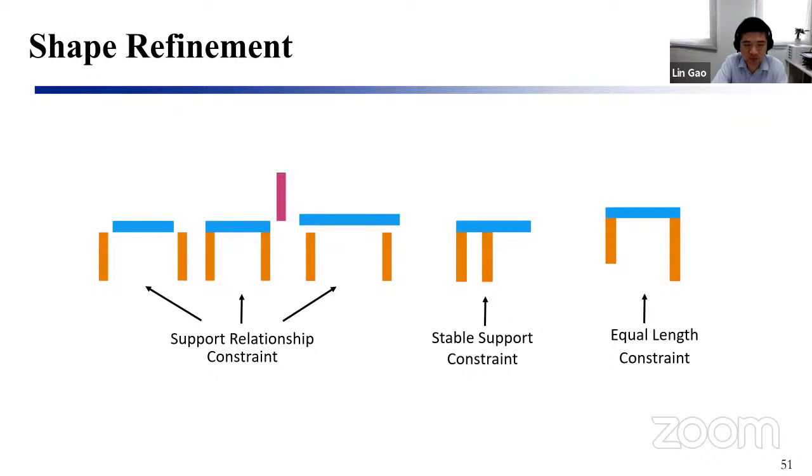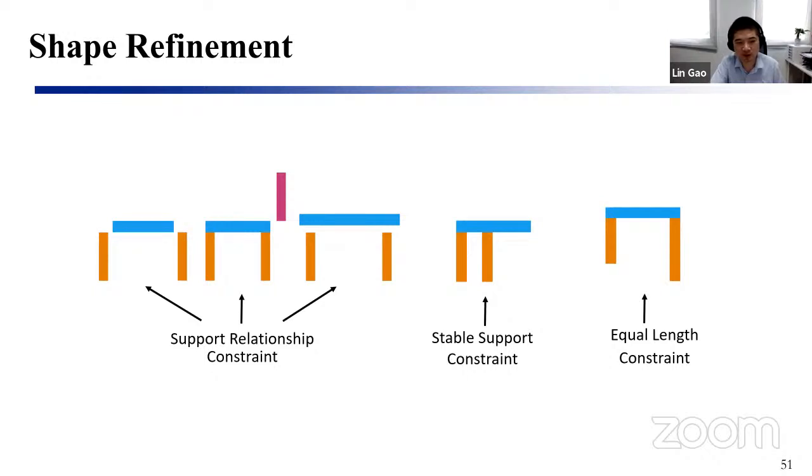So we need to optimize the size, the length of the legs, also optimize the position of the legs, also optimize the position of the tabletop to make them consistent. And most importantly, after the optimization, each part should be stable.